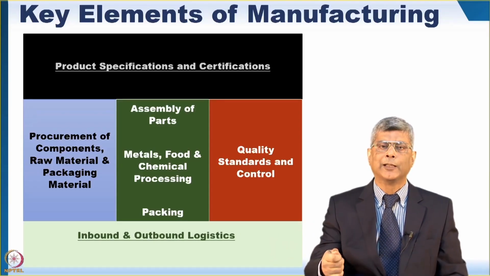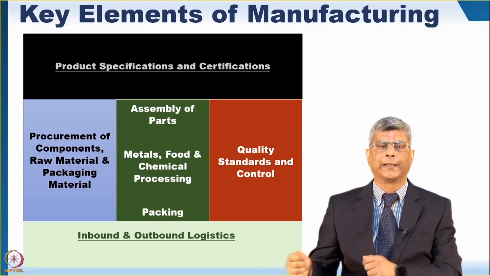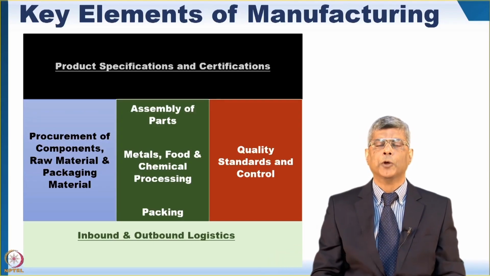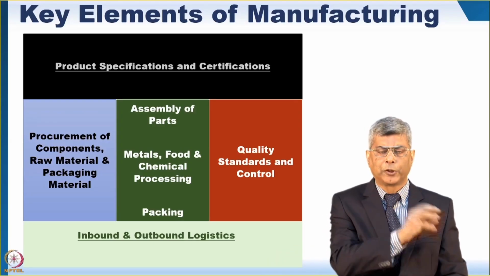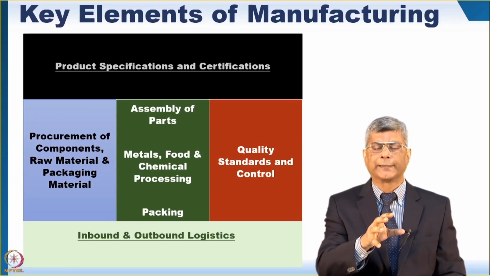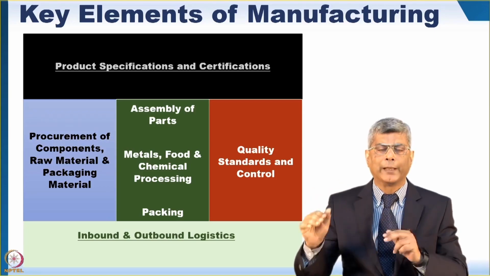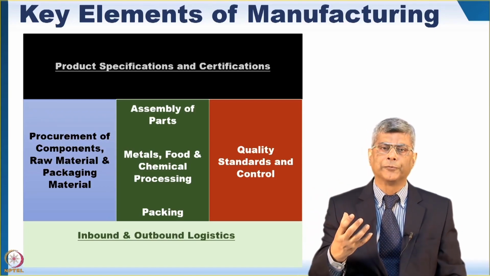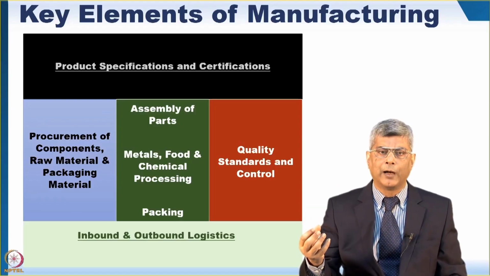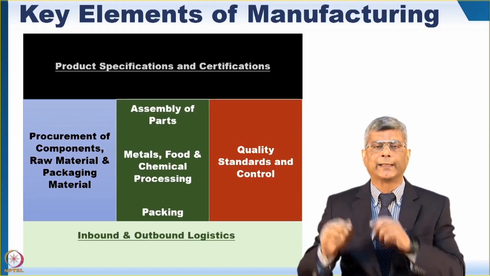You'll probably understand a bit better when I show you some of the actual case studies. But keep in mind that you have to procure the product, you have to assemble them or process them, and you have to do all of this keeping in mind the quality standards, because you cannot have a chocolate bar with, let's say, insects in it.